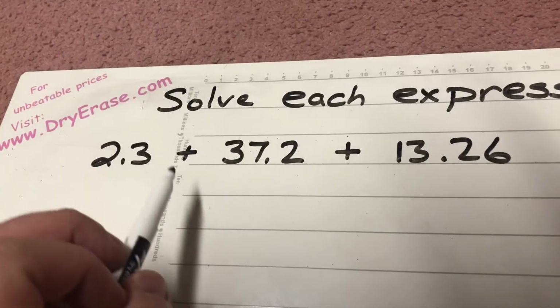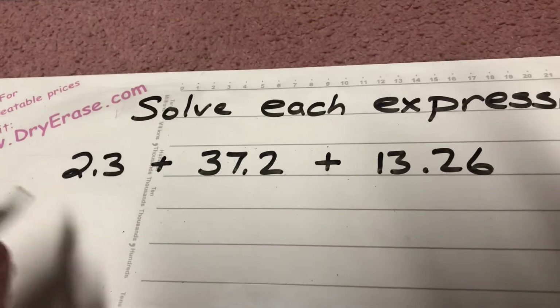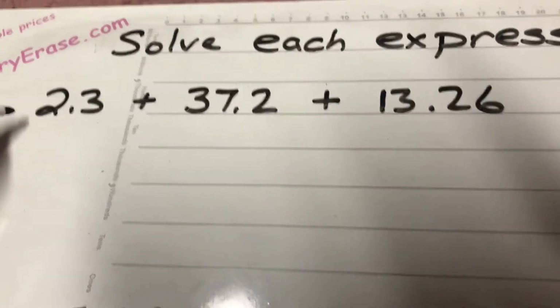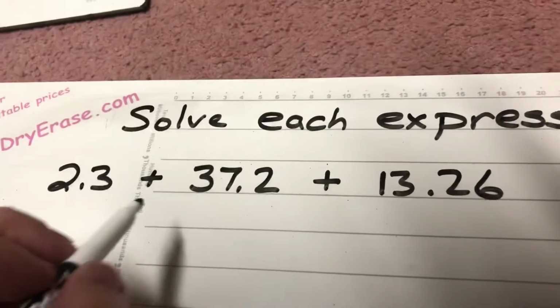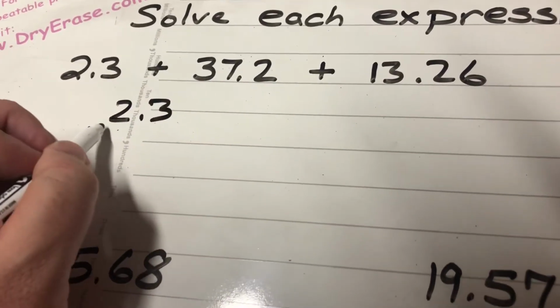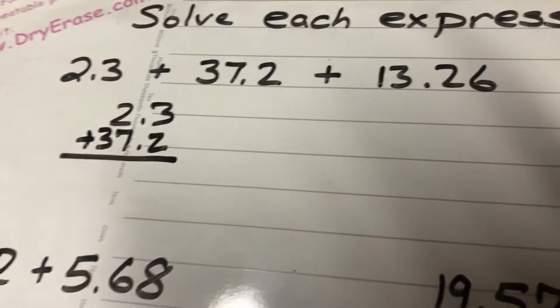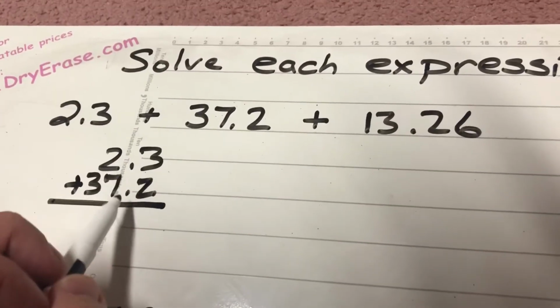Here we have 2 and 3/10 plus 37 and 2/10 plus 13 and 26 hundredths. So essentially, I'm going to rewrite this problem as 2 and 3/10 plus 37 and 2/10, making sure the decimals are lined up.